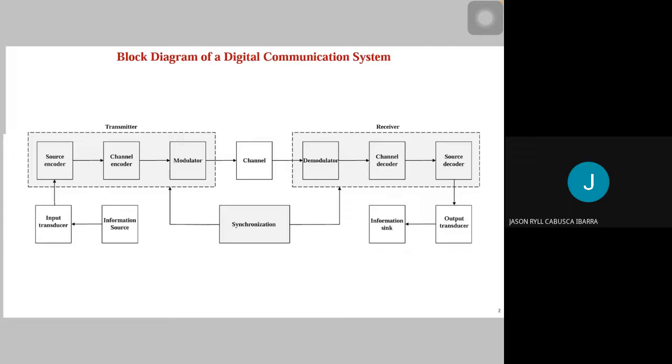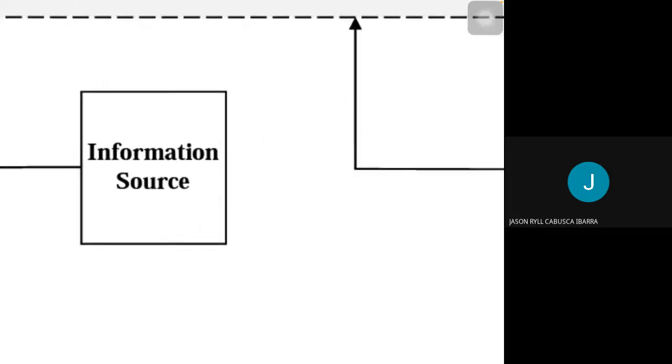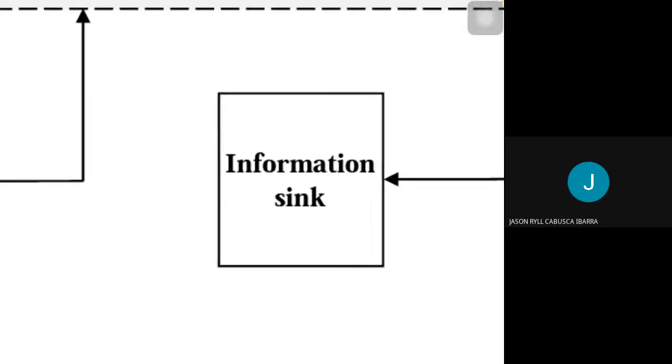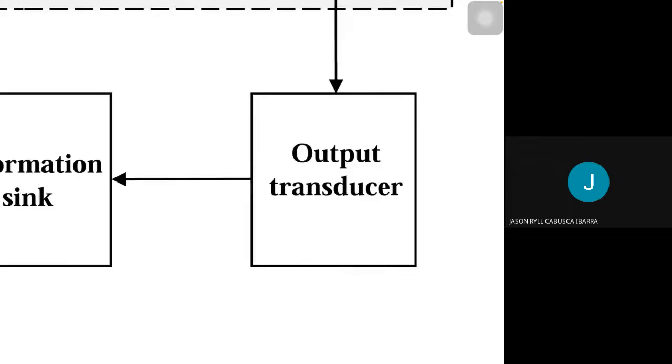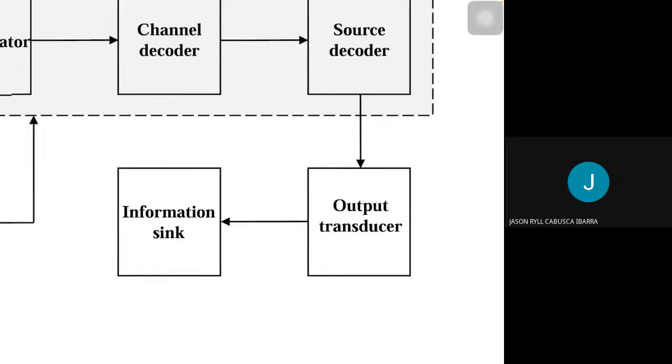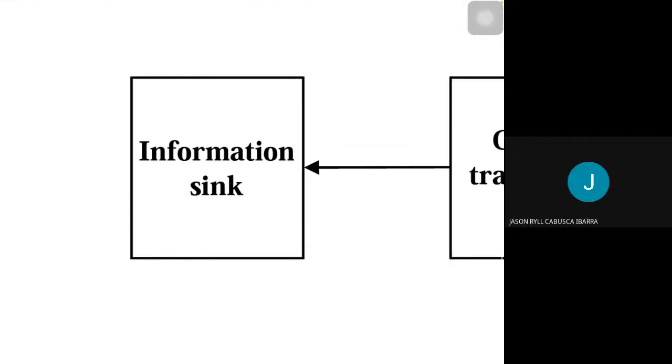So this is the block diagram of a digital communication system. Of the ones we mentioned earlier, we have the information source. We have the sink, the term, but you can also put information. The receiver, the block diagram, is the information output.